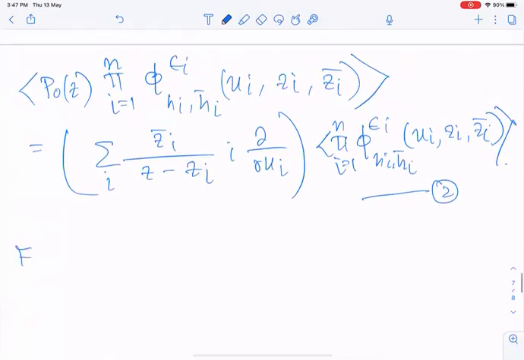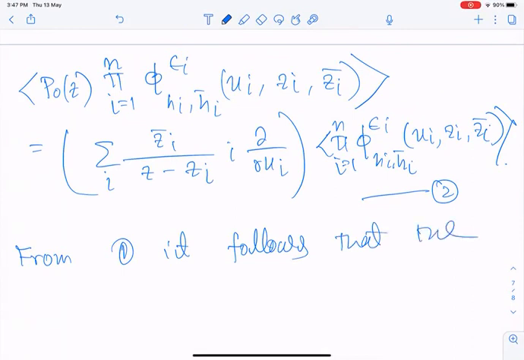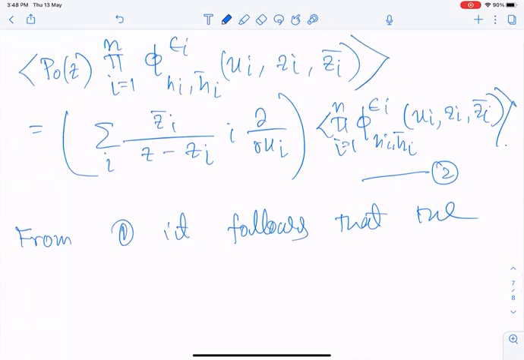Okay, so from 1 it follows that the current... these are the standard form of Ward identities in 2D CFT. You can think of the U as something which is just going along for a ride.